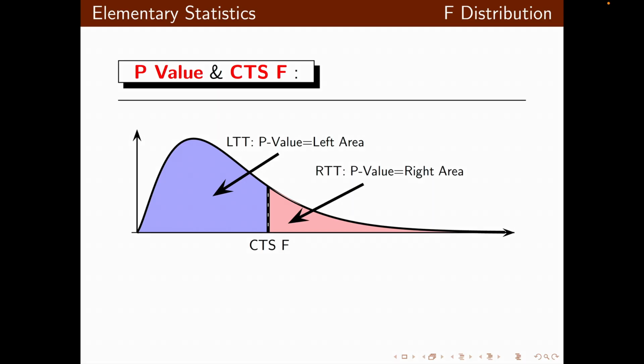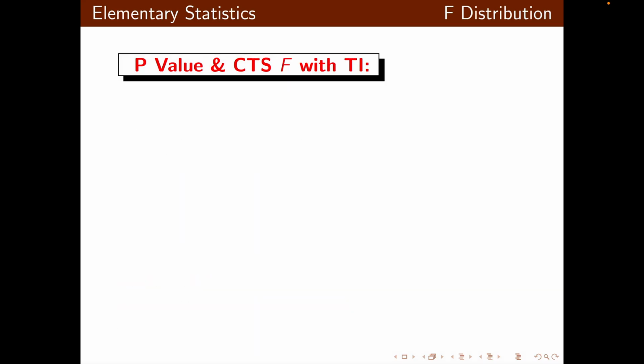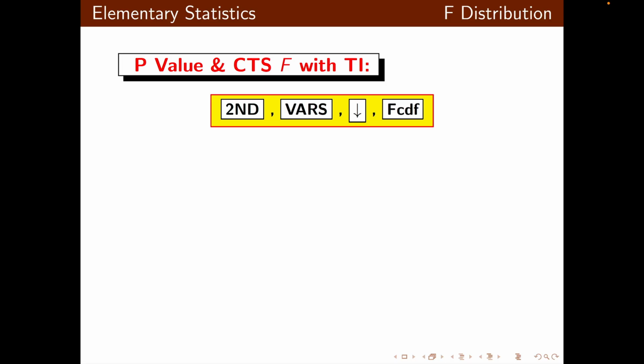In the case of two-tail test, we find the area on each side, and then p-value will be twice the smaller area. Now we're going to go over some examples to see how this works. And we can do those things by basically using the FCDF command on a TI calculator.